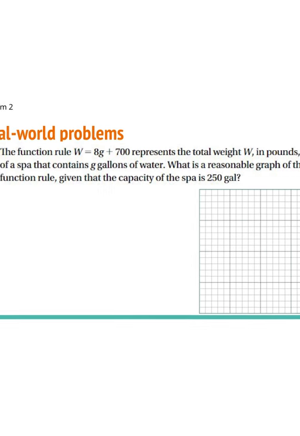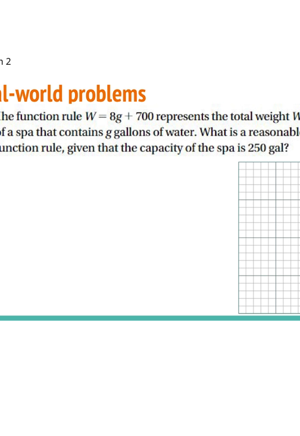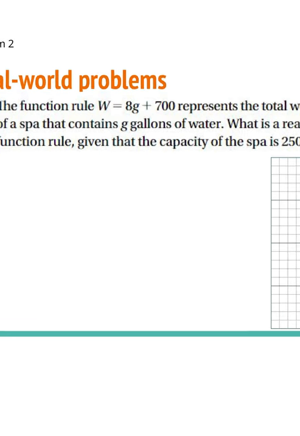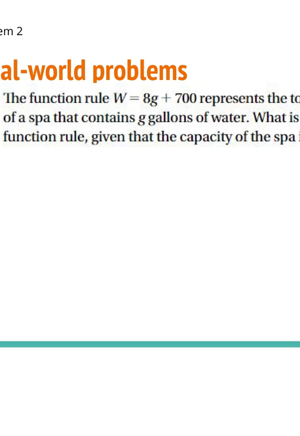Okay. So we've got problem number 2, real world problem. The function rule W equals 8g plus 700 represents the total weight W in pounds of a spa that contains g gallons of water. What is a reasonable graph of the function rule given that the capacity of the spa is 250 gallons? Okay, so just like we did in the previous problems, this one doesn't give us a chart, so we're going to make our own chart.